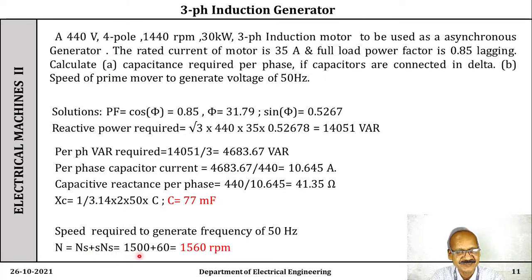So Ns is 1500 for a 4-pole machine and s Ns is nothing but 60, that is the slip speed, Ns minus N. And therefore it is equal to 1560 rpm is necessary in order to work the induction motor as an induction generator, in this case so as to have a generated EMF frequency of 50 Hz.